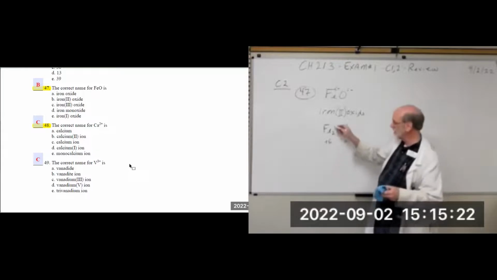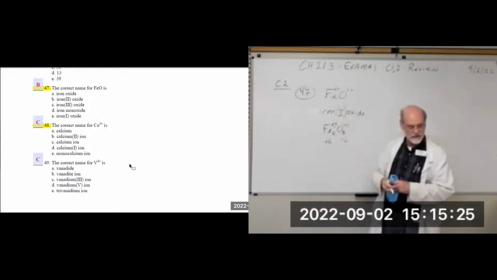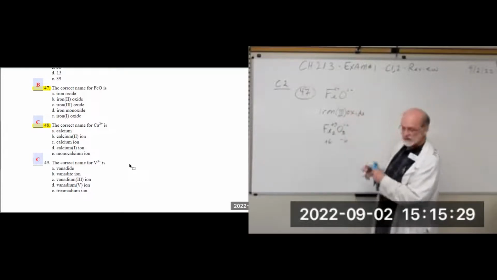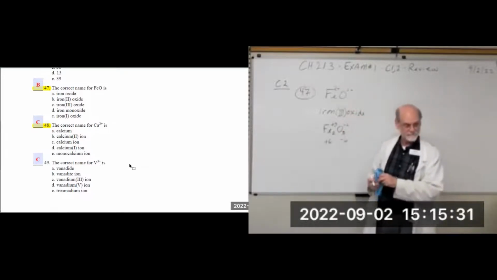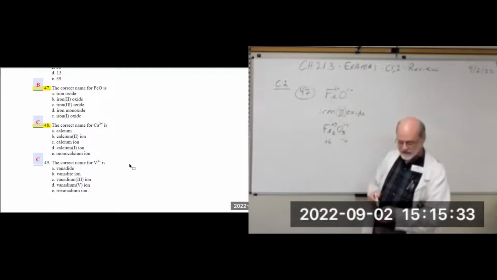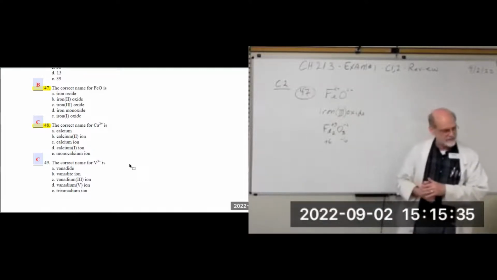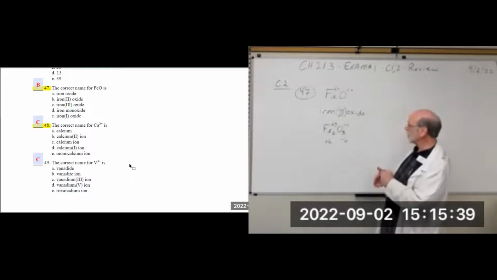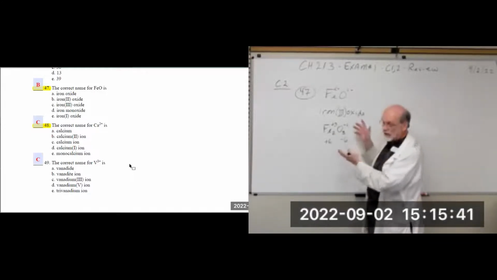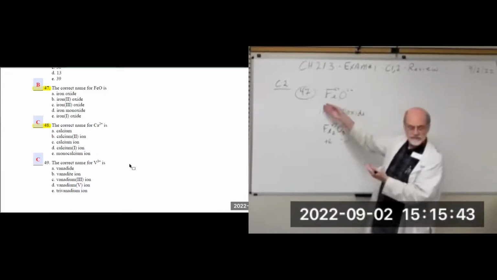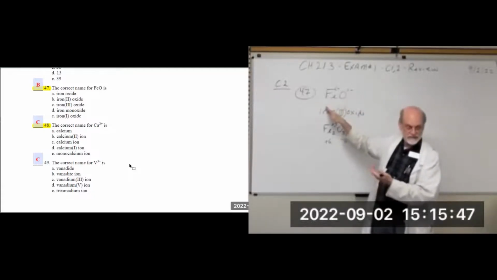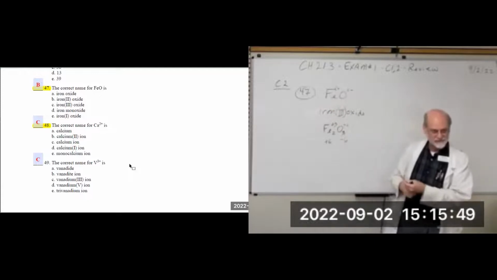So each one would be +3. Then when you write the name for that one, it would be 3. So type 1s and type 2s are all charge balance, and you have to know what one of them is. In the case of type 2s, you have to know what the non-metal is in order to tell what the metal is.